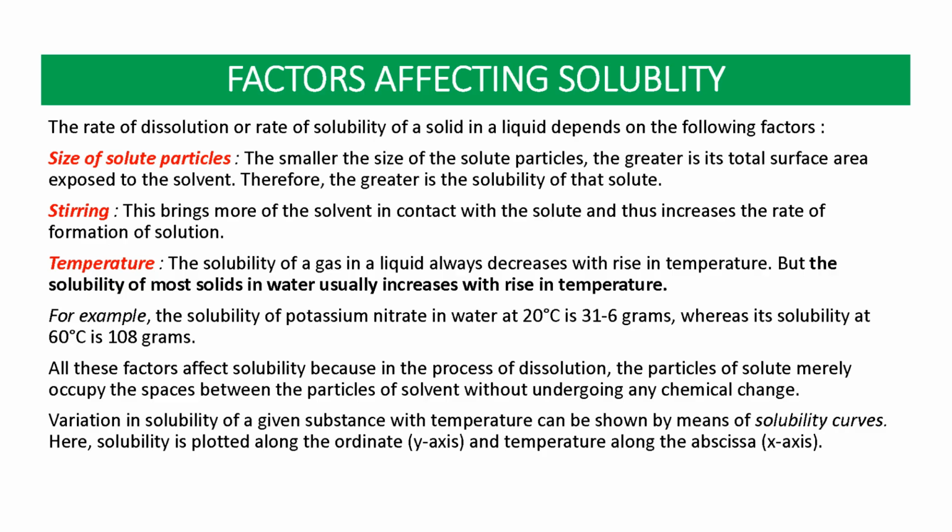For example, the solubility of potassium nitrate in water at 20 degrees centigrade is 31.6 grams, whereas at 60 degrees centigrade it is 108 grams. So when we increase the temperature, the solubility also increases. These are the factors which affect solubility.